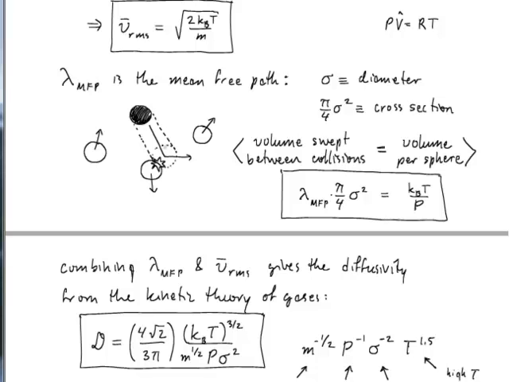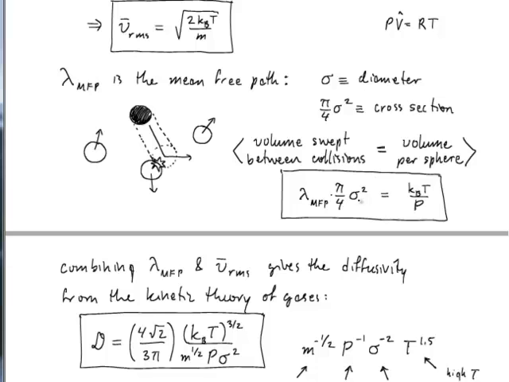And so based on the density of these particles in space, which is given by the pressure and the temperature, you can estimate how frequently it will encounter another particle and have a collision, right? So basically the argument is that the average volume swept along this cylinder between collisions must be equal to the volume per sphere in the gas phase, and that gives you an expression for the mean free path.